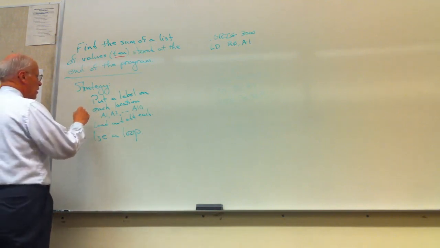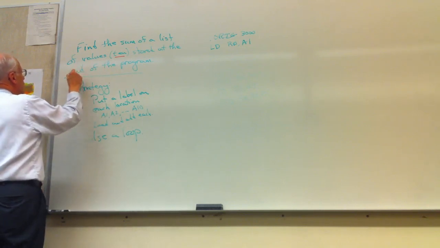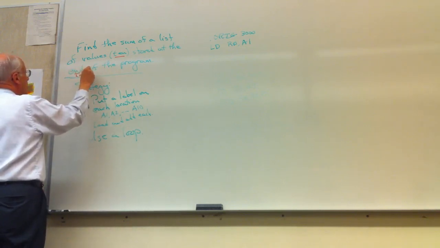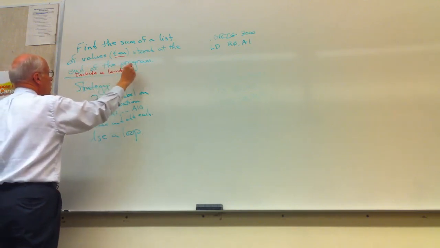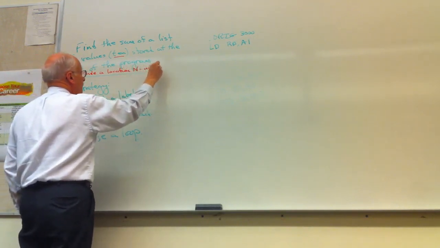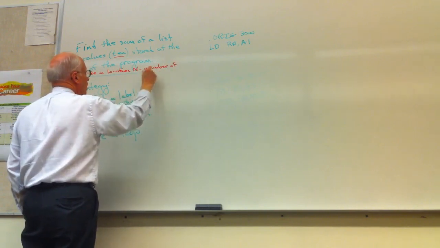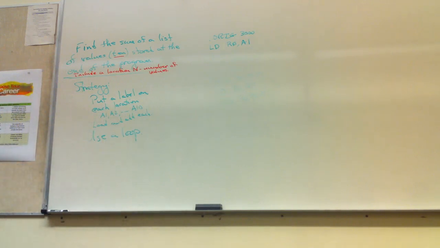We've got each of those 10 things down there. I'm also going to include a location, we'll call it N, which has the number of values to work with. That way we can use this same program to do 10 or 100 or even 1,000 values without changing the program. We just change the data.